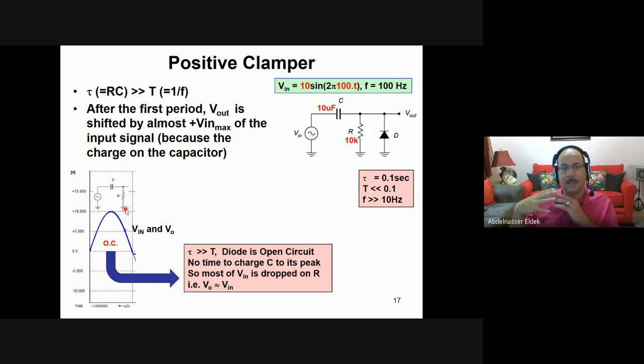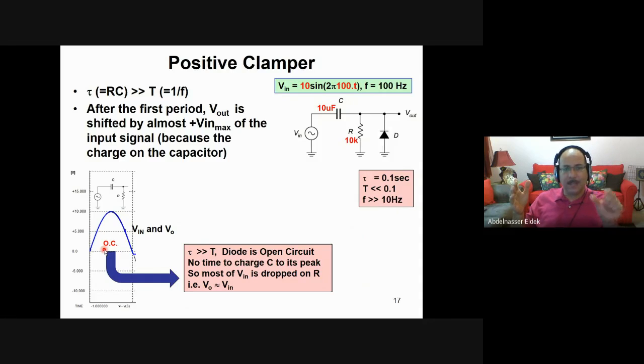But because the time constant is large with respect to this half period, the capacitor will not charge too much. Imagine I want to give you a test that is supposed to be solved in 1 hour.